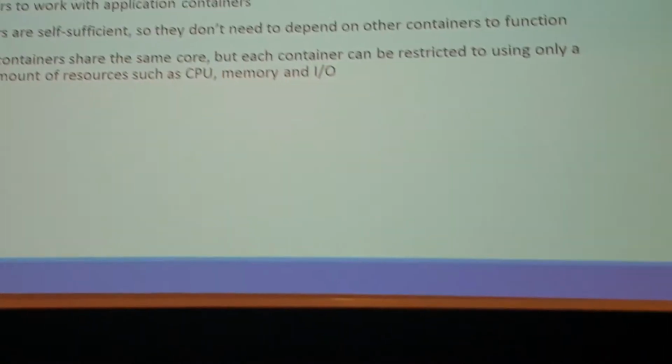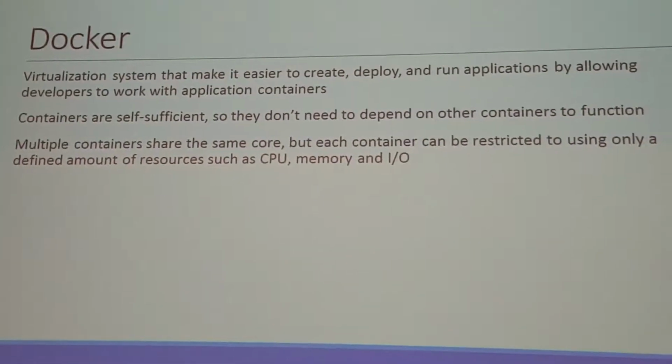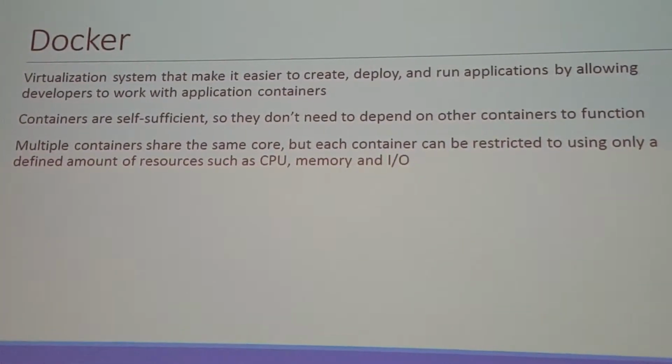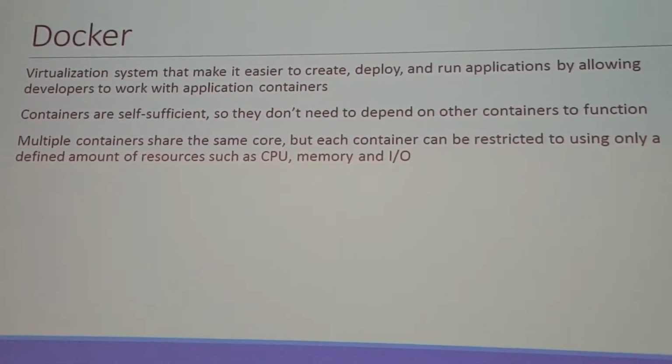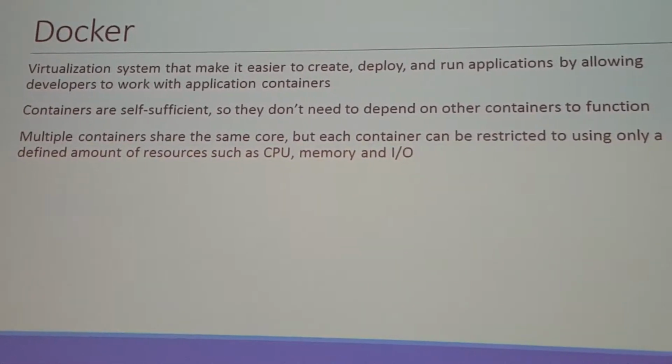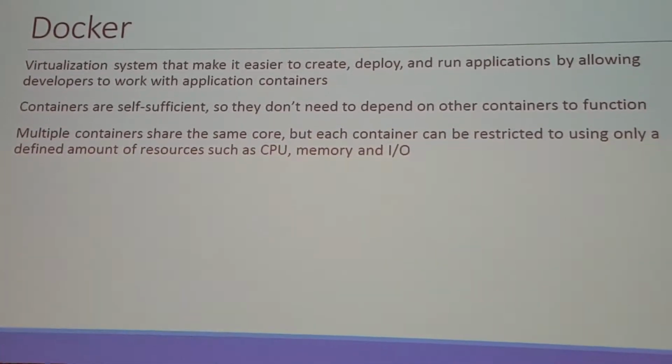Multiple containers share the same core of the physical hardware, but each container can be restricted to use only a limited number of resources, which better ensures that applications won't hog all the resources of a computer when we want multiple applications running on that computer.